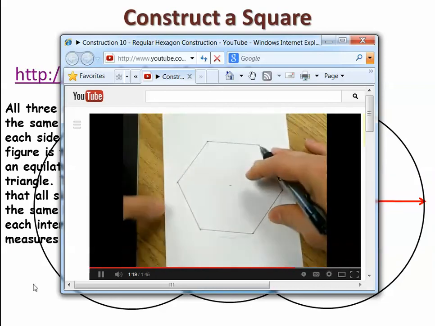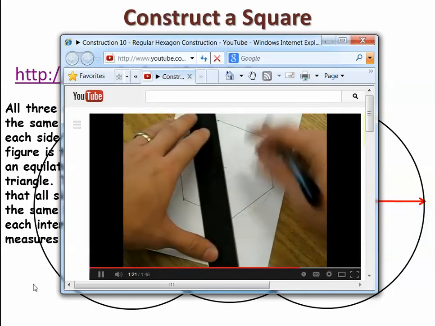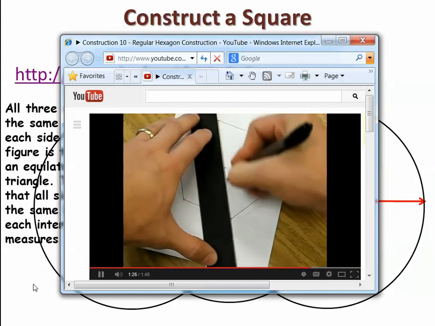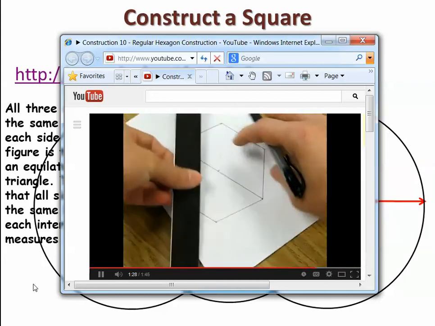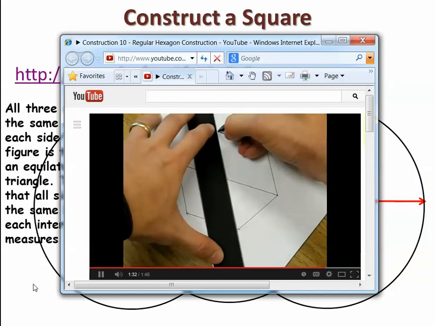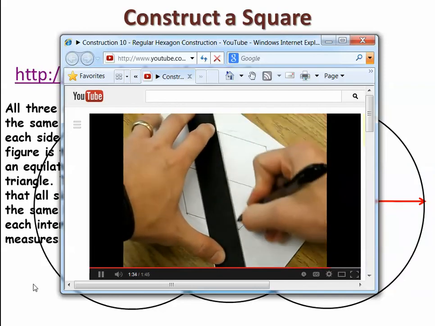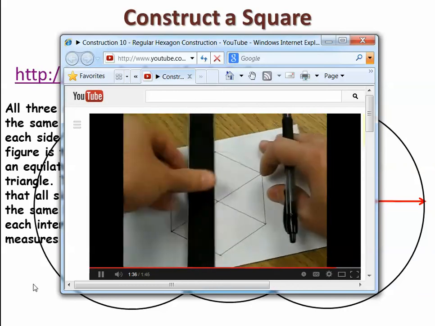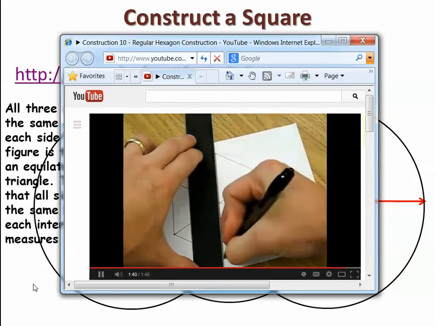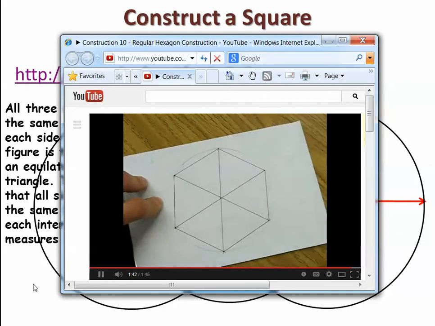Now what you also may notice is that if we connect all of the opposite vertices through the center of our circle, we will also end up with 6 equilateral triangles. So this construction is a dual construction of a regular hexagon and an equilateral triangle.